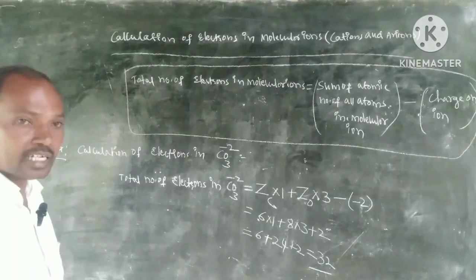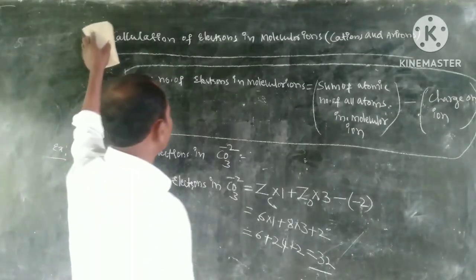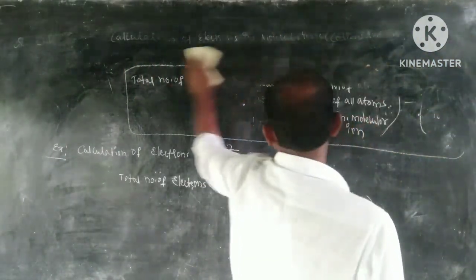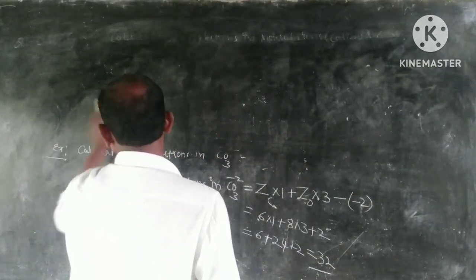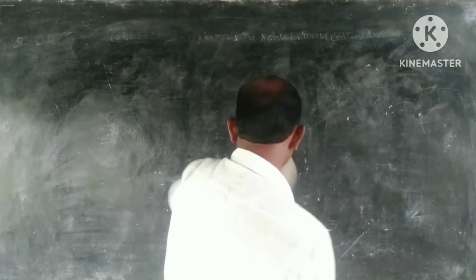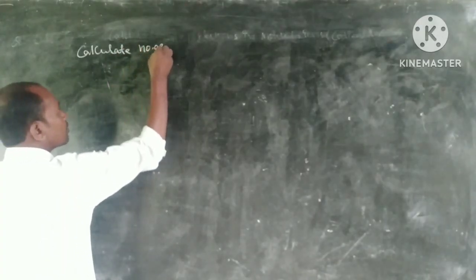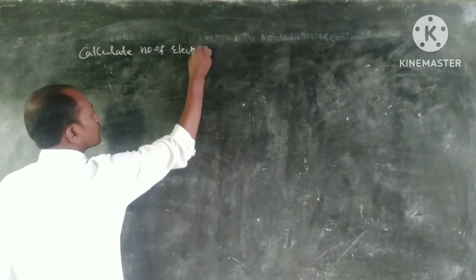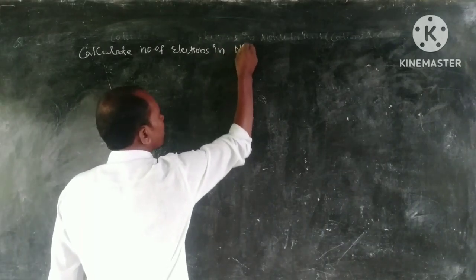Next we take another example. Calculate the number of electrons present in NO3 minus 1.